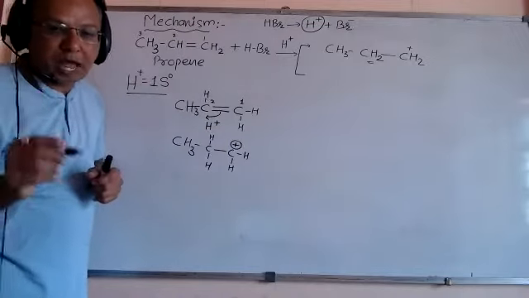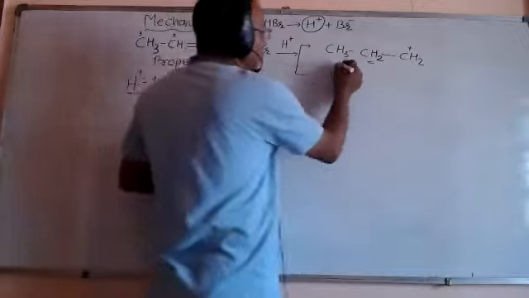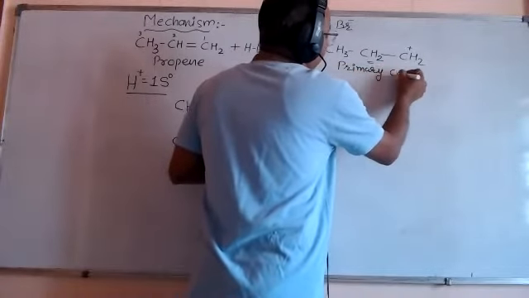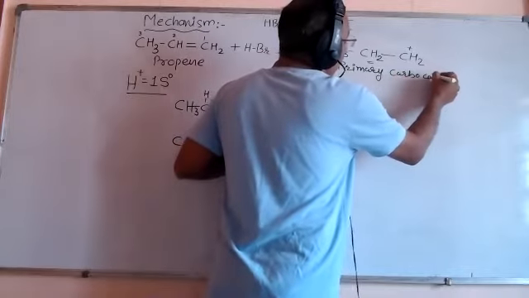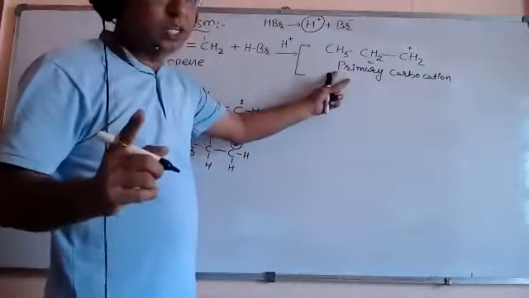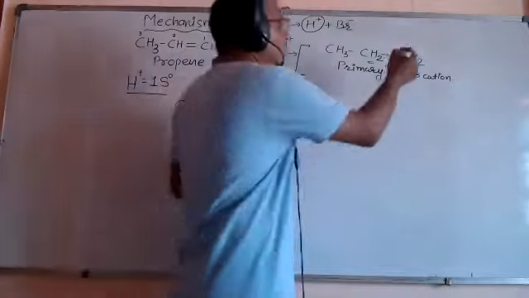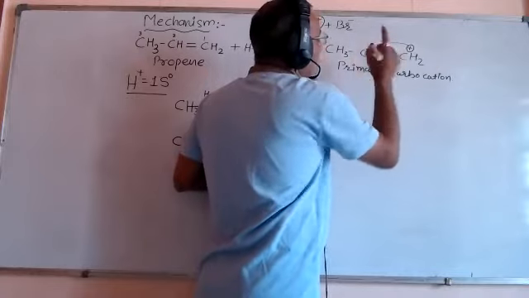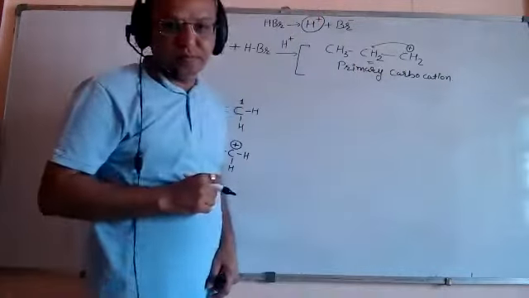This is called primary carbocation. What is it, friends? Primary means 1 degree. Why 1 degree? Because this carbon having positive charge is attached with only one carbon.